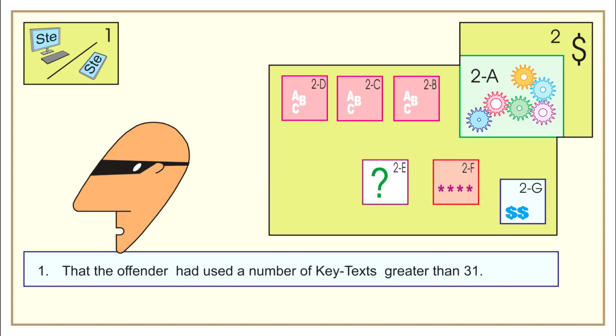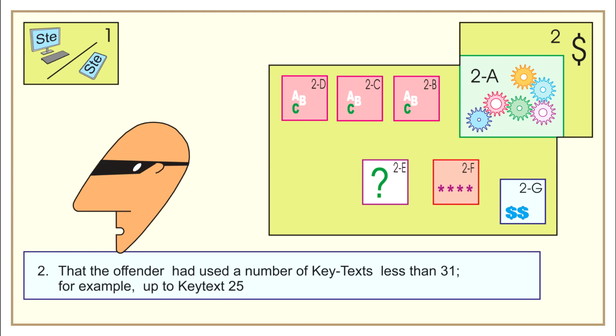1. That the offender had used a number of key texts greater than 31. In which case, departments 2B, 2C, and 2D will not send any key text. 2. That the offender had used a number of key texts less than 31, for example, up to key text 25.